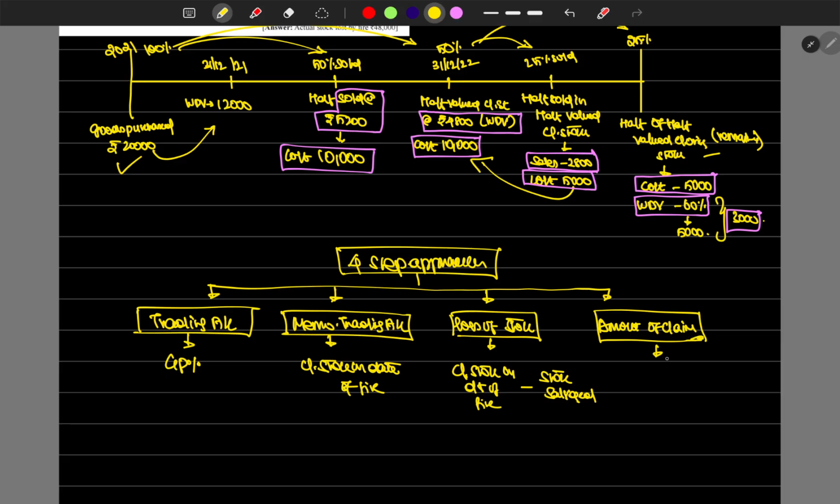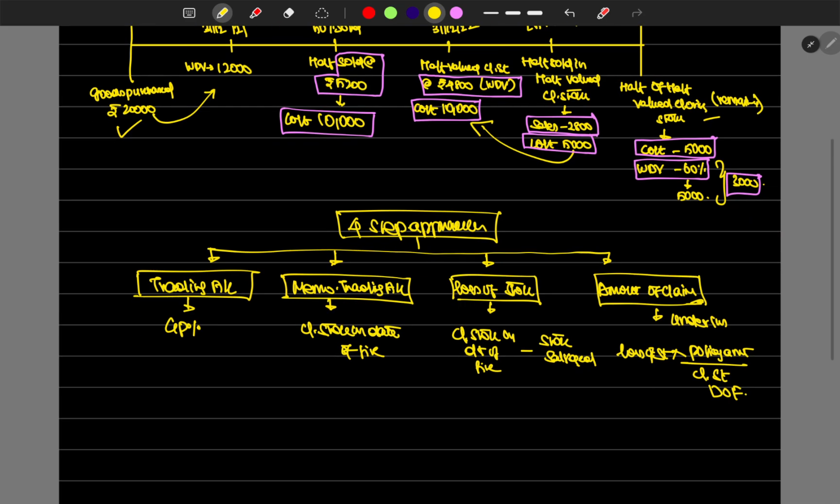If it is under insurance, we are going to use the formula which is loss of stock into policy amount divided by closing stock on date of fire. Okay, so this is the overview of this entire problem. So let's quickly jump into this problem.